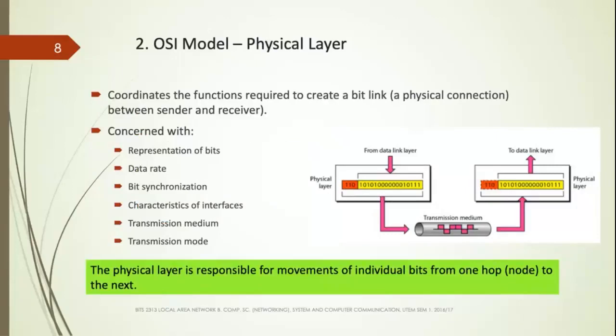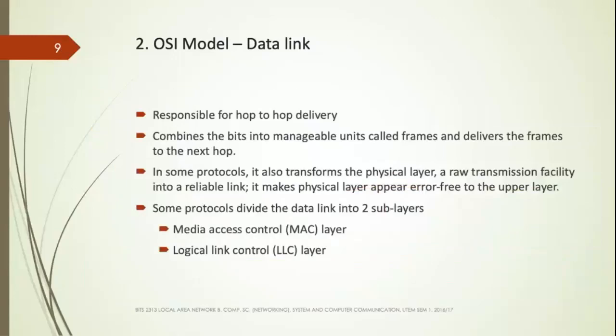So we have three different applications running on the same PC, but all of these three applications have different representations of bits, probably the same data rate, but the representation of bits is different. So the data link layer is responsible to make sure that the data from these three applications did not combine.